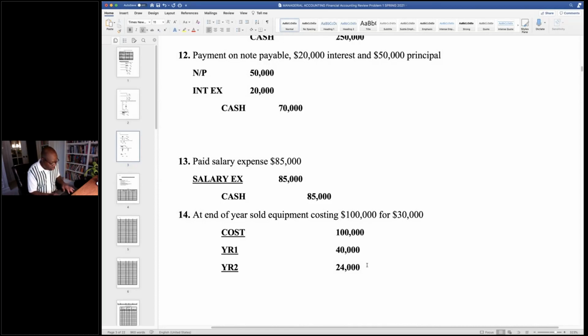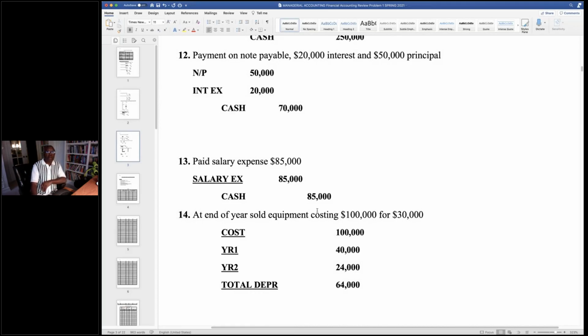So total depreciation on 100,000 would be, Professor, 64,000. Where are you getting these numbers from?